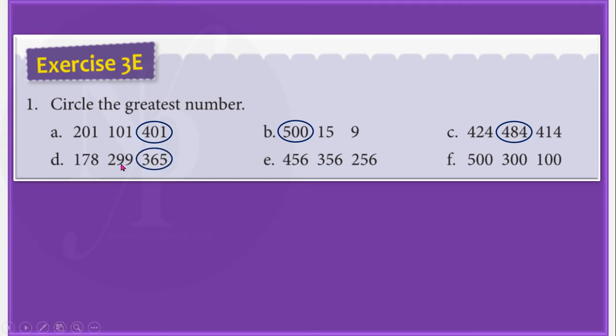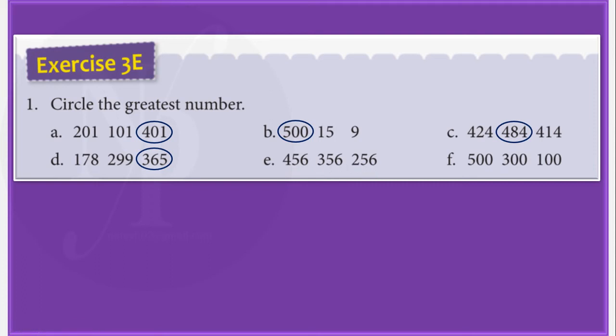Coming to D, here all the three are 3-digit numbers again, and we find that here we have 1, here 2 and here 3 in hundreds place. Therefore 365 is the greatest of all the three numbers. E, 456, 356 and 256.